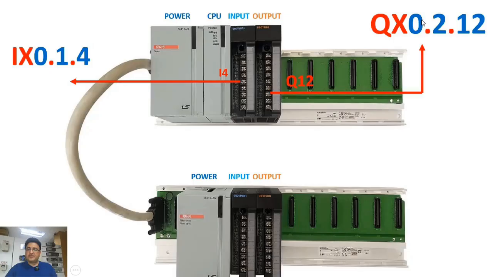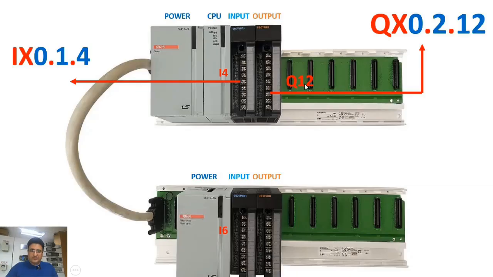For us, 0 is the rack number or the base number, and since this is our main rack, we set its number to 0. 2 is the slot number because we installed the output card in slot number 2, so we put the slot number as 2 here. And finally, we have the number 12, which specifically refers to our 12th and final output in this sequence.